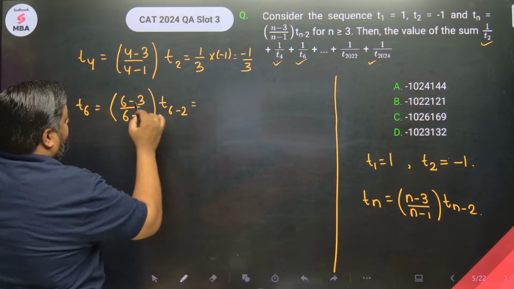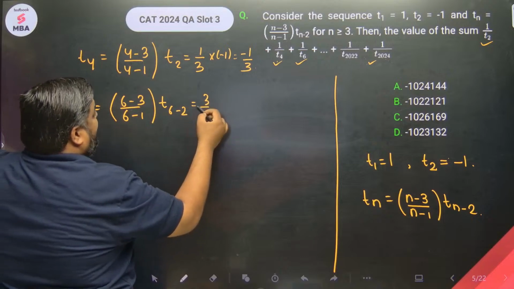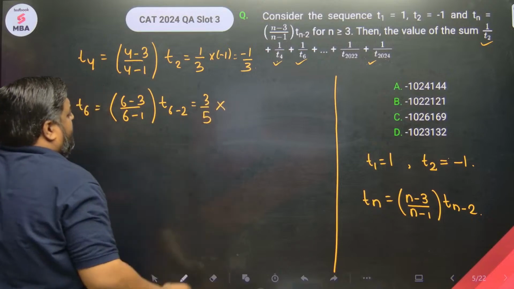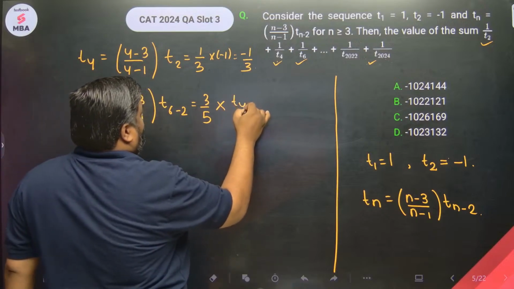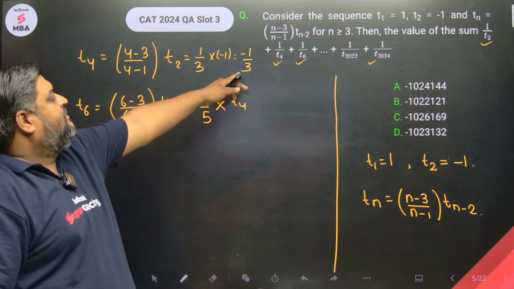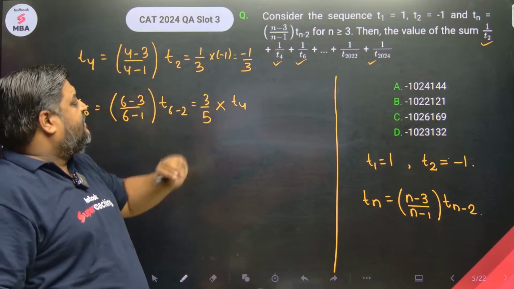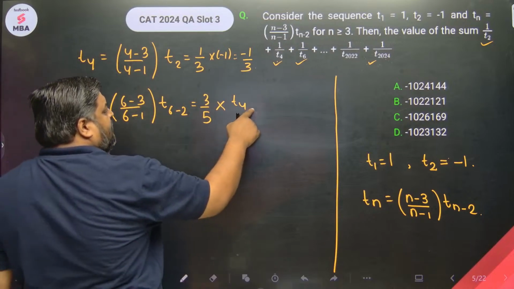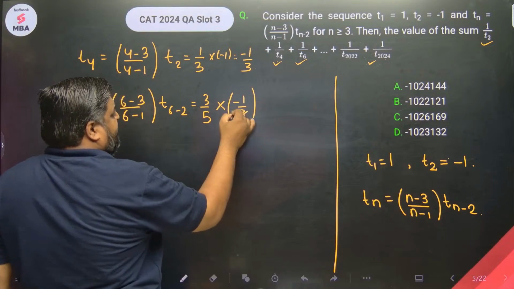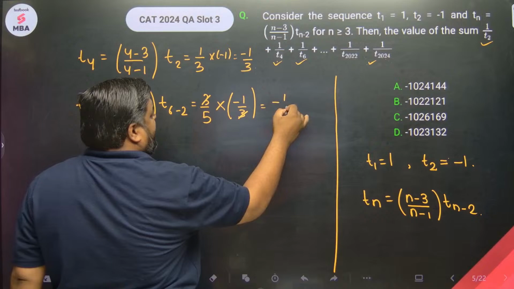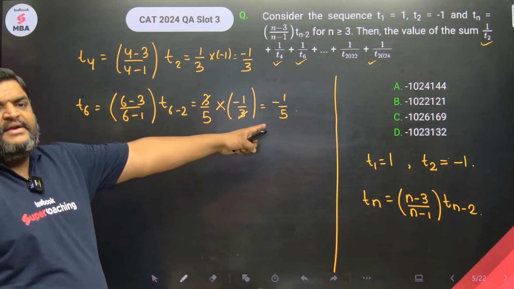So this is 3 upon 5 multiplied by T4. Do I have the value of T4? T4 की value we have already calculated. T4 की value is minus 1 by 3. So this 3 is cancelled out. What do I have is minus 1 by 5. Very good.